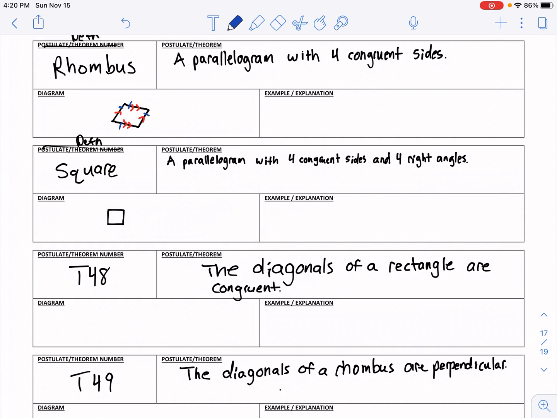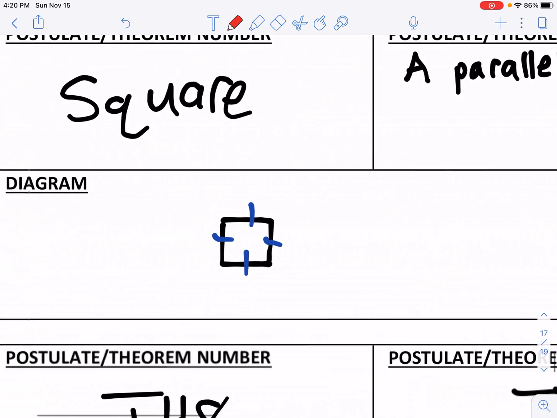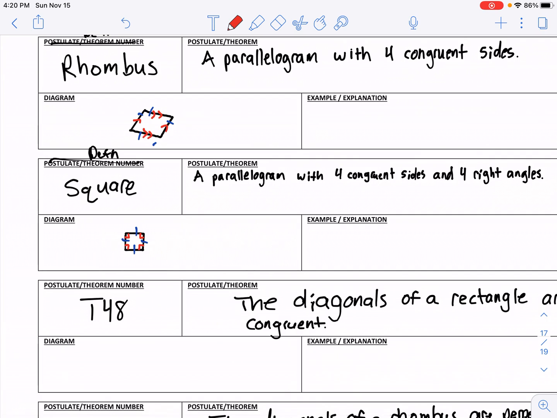A square is a parallelogram, or you can think of it as a rhombus because of the 4 equal sides, with 4 congruent sides and 4 right angles. So not only does it have 4 congruent sides like a rhombus, but it also has 4 right angles. The sides are congruent, and the angles are 90 degrees.